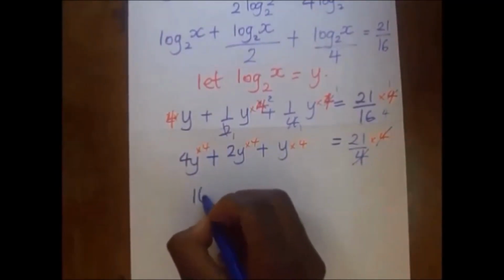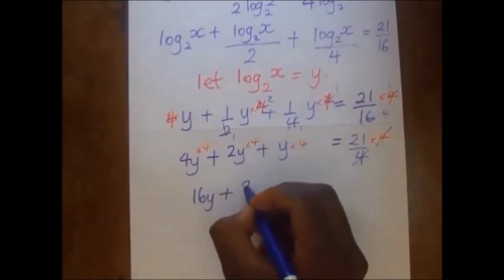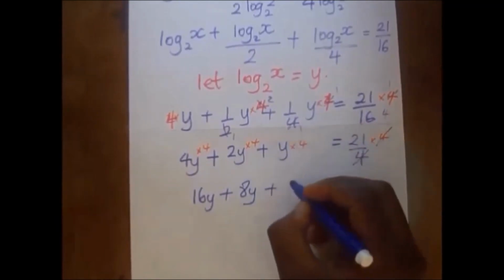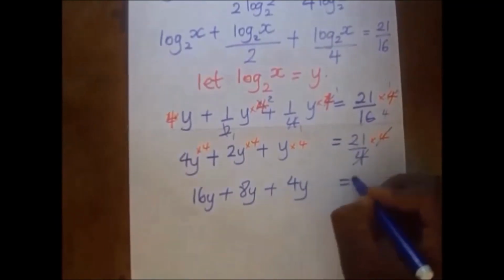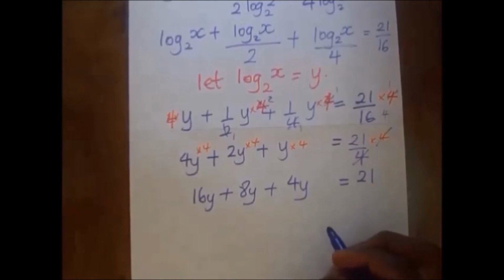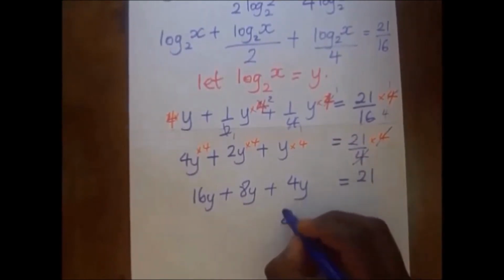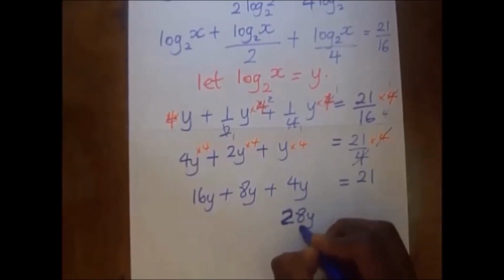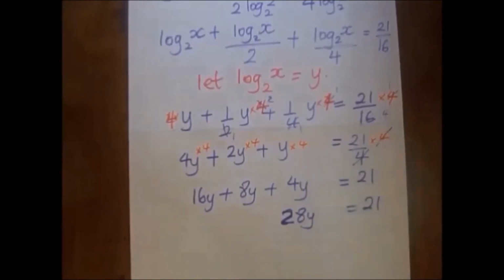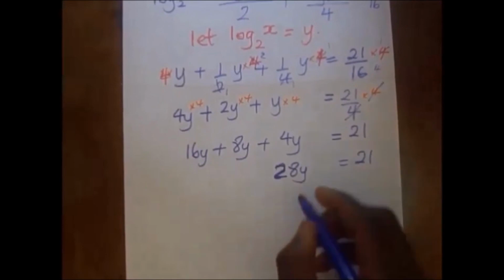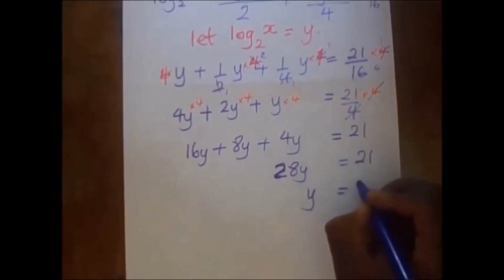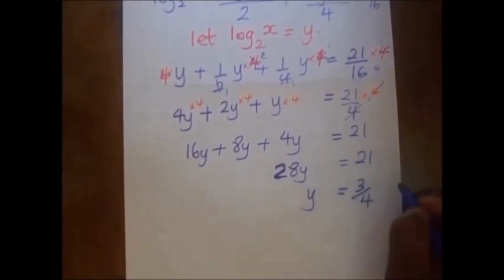Here we shall remain with 16y plus 2 times 4 is 8y plus 4 times y is 4y, giving us 21. So adding all that up, we end up with 28y giving us 21. When you divide both sides by 28, we shall end up with our value of y as 3 over 4.